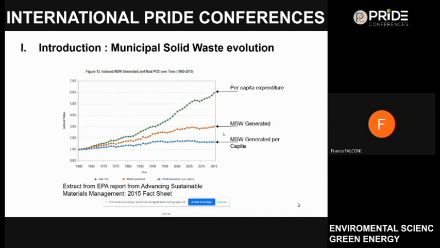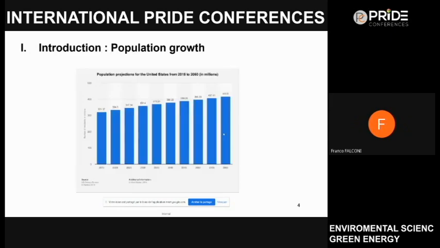So we need to dispose of this waste, and there are several ways of doing so. One is to put this on landfills, but this will cause a lot of pollution. And another solution that could, let's say, give a good balance between pollution and space is using incineration plants.